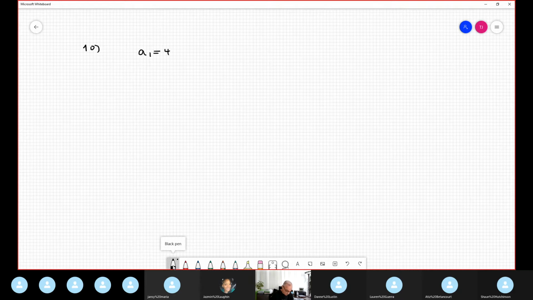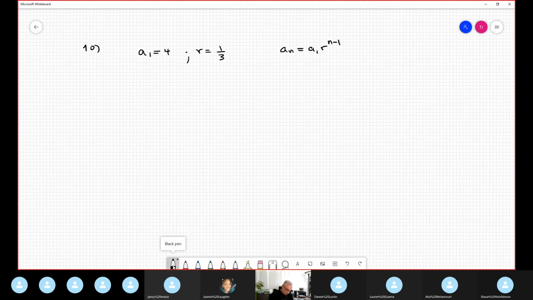It's the first term, and the common ratio is 1/3. Okay, now the formula is a sub n is equal to a1 times r to the n minus 1.